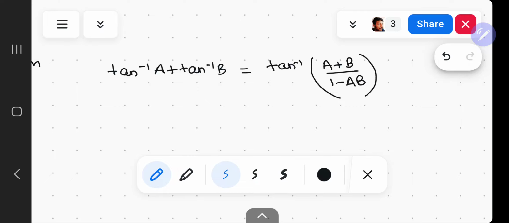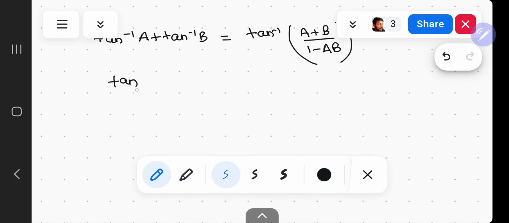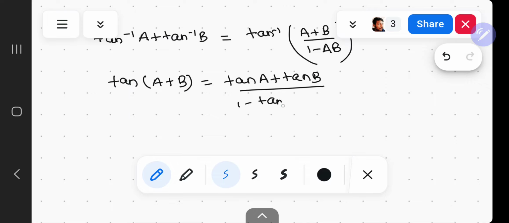AB is multiplied here. Similarly, we do have a formula in trigonometry, that's tan A plus B is equal to tan A plus tan B over 1 minus tan A tan B. That's the formula.